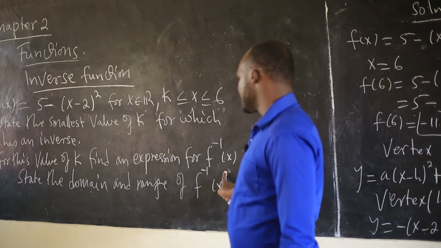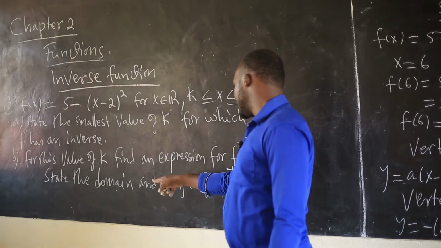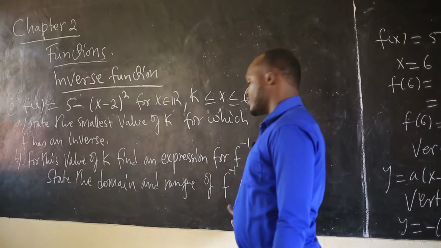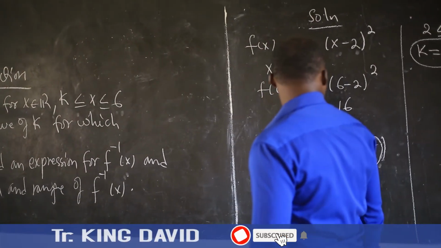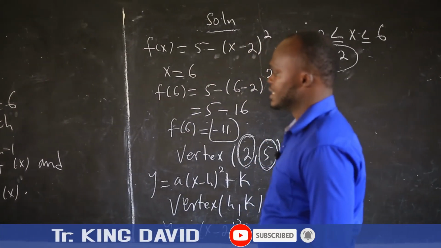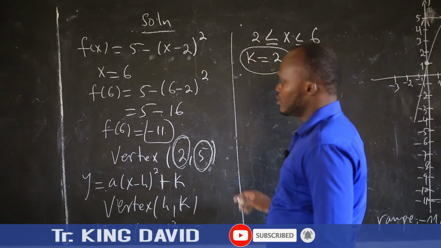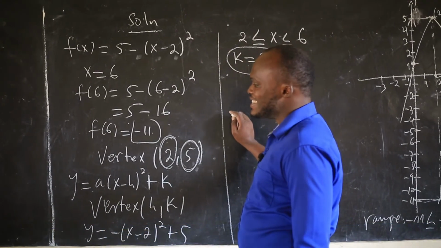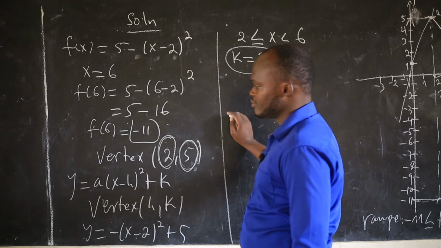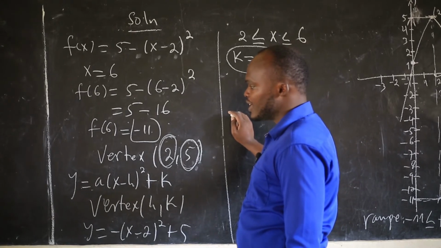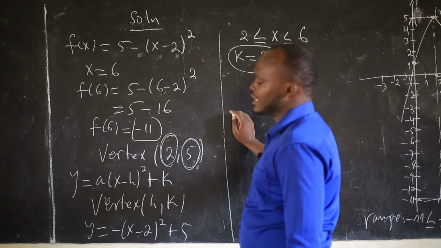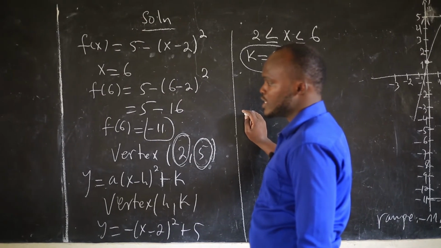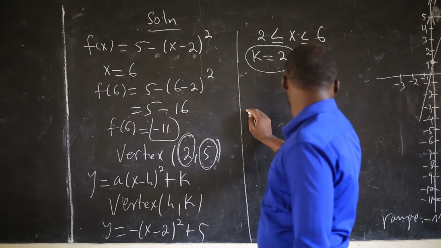After getting the inverse, state the domain and range of the inverse. The domain of the inverse is the range of the function, and the range of the inverse is the domain of the function.